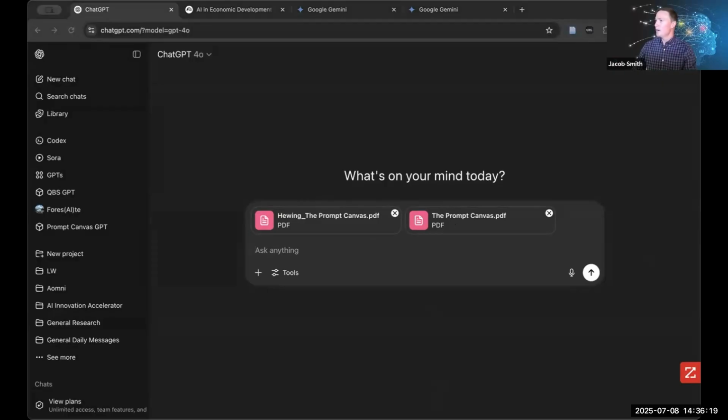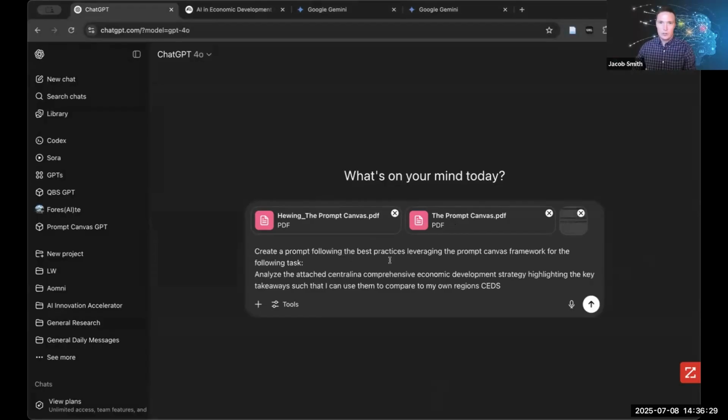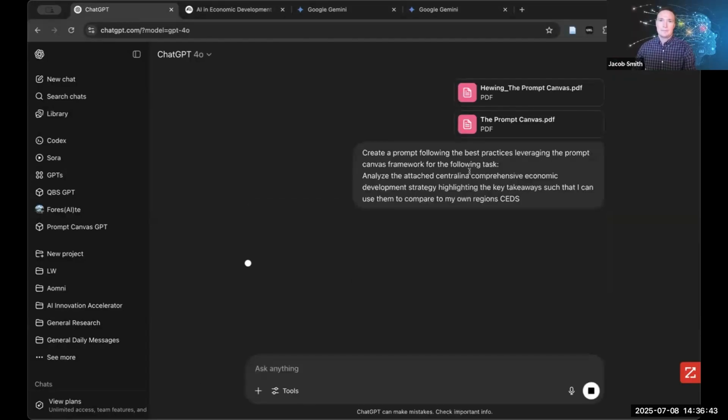And I have a sample prompt that I typed up before that is related to analyzing a comprehensive economic development strategy for the Centralina region. So I'm telling the model that I wanted to create a prompt based on this context to analyze this report. So I'll go ahead and submit that.